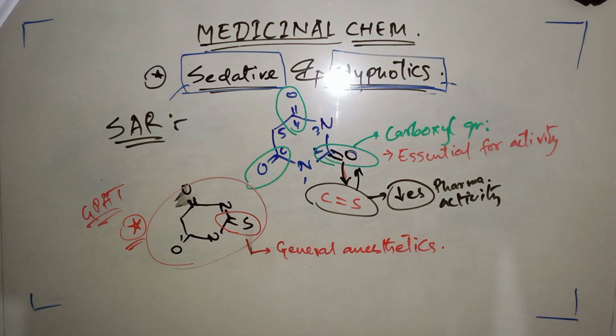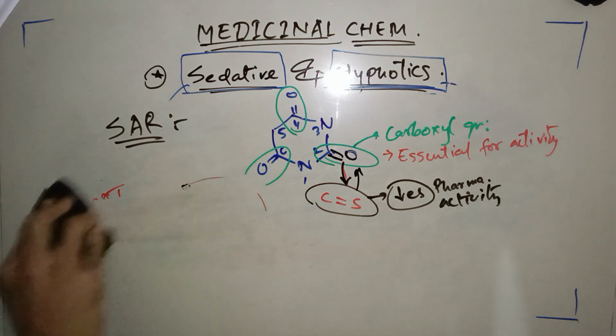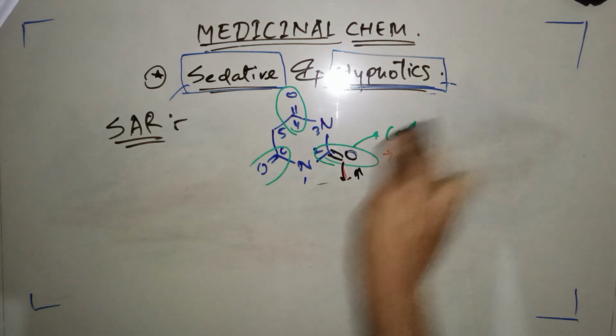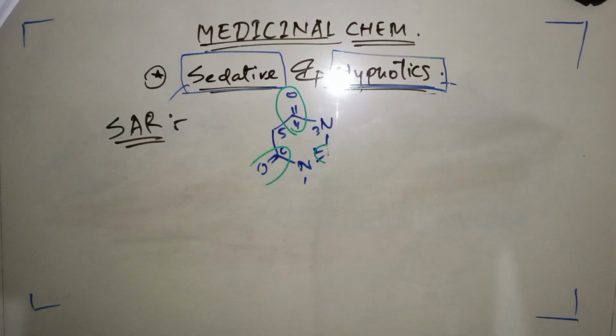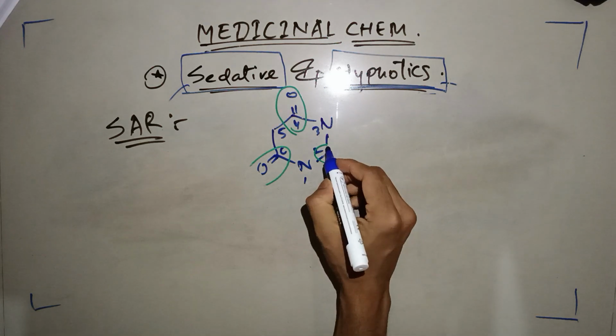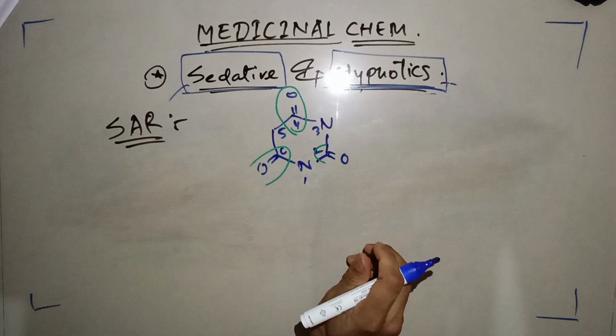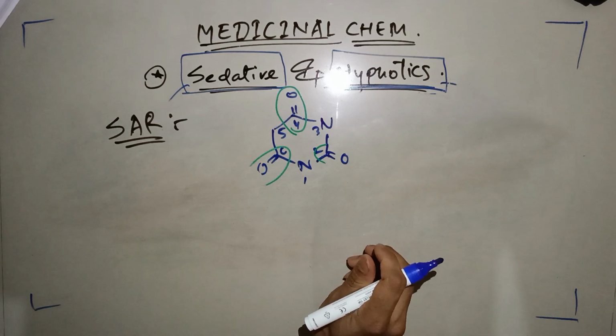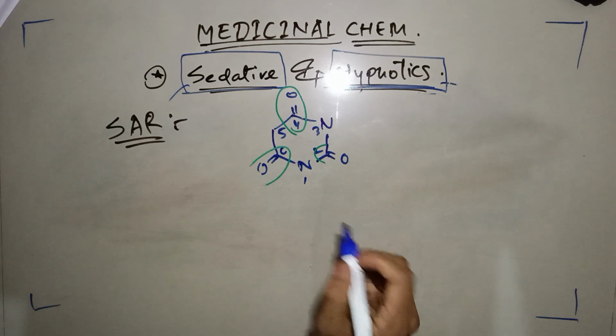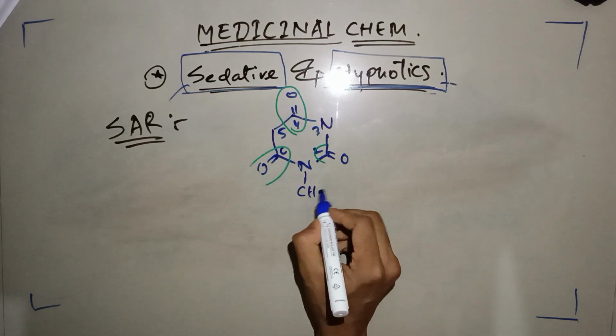Okay, next we will learn the nitrogen atom modification at first and third position. So what will happen if any modification takes place at nitrogen? First of all, the alkylation on nitrogen atom at first or third position leads to a decrease in pharmacological activity, that is like this.